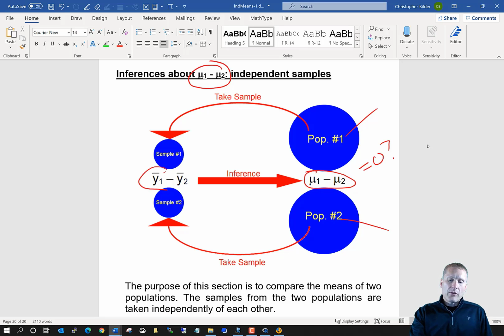In the sample, then, we calculate the corresponding set of statistics. Y bar 1, sample mean from sample number 1. Y bar 2, sample mean from sample number 2. We subtract the 2 so that we can make comparisons. Then, as we've done before, using what we obtained from this sample, this set of information that's more manageable to work with, we then make inferences back to the population itself.